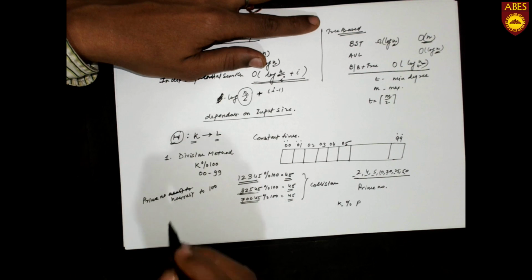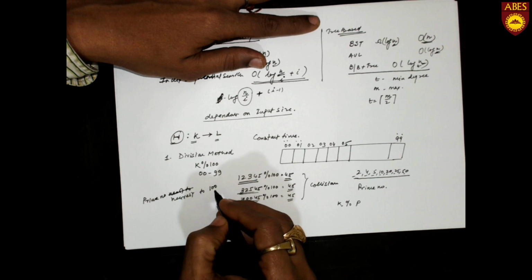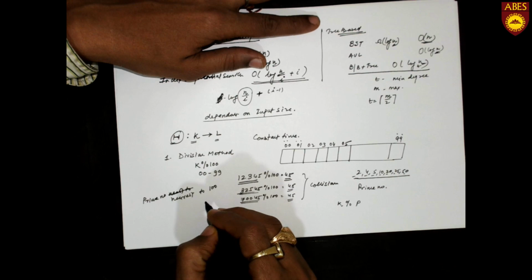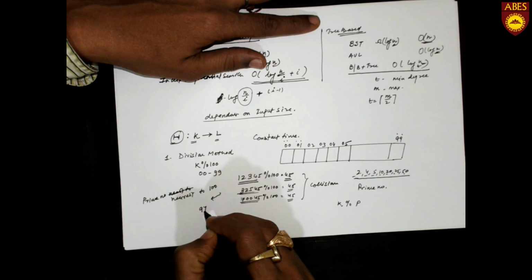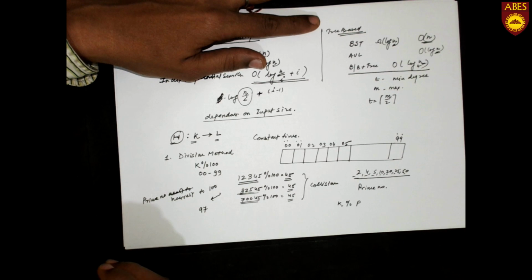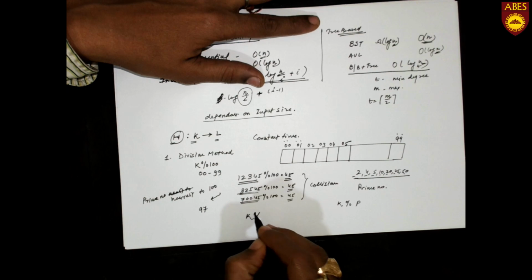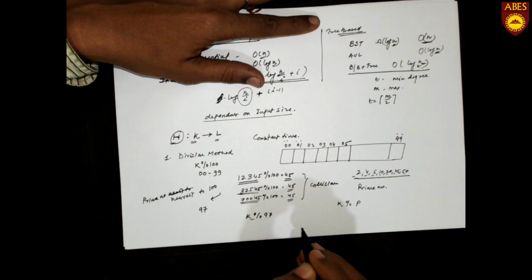We have a limitation that the prime number taken for division may not be more than 100, so we will take it on the lower side. It means the number that we select for the division is now 97. So 97 is the nearest prime number to 100. Now we will divide every key with this prime number 97.